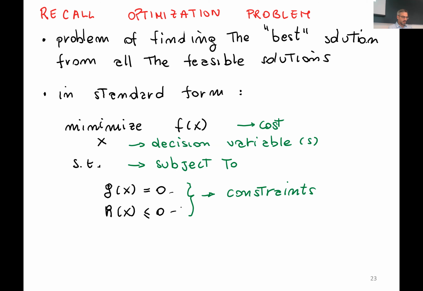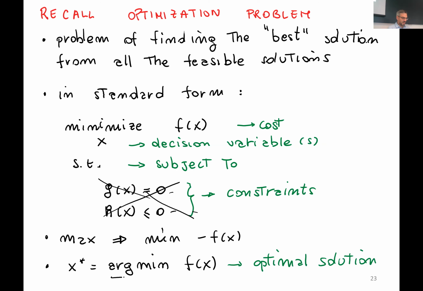But in our case, we will use only the unconstrained case, so we don't consider any constraint. Best solution means to either minimize or maximize. If we want to maximize, we can rephrase the problem as a minimization problem, putting a minus in front of the cost.